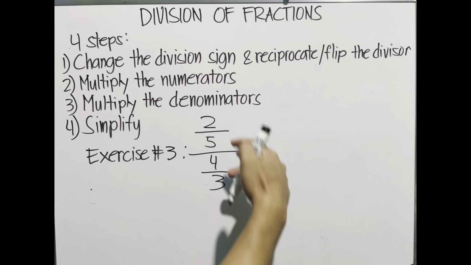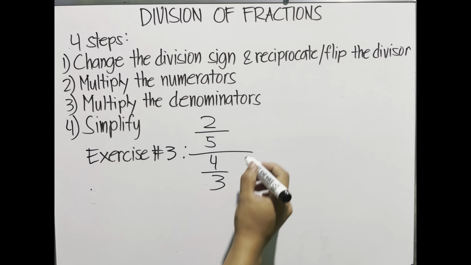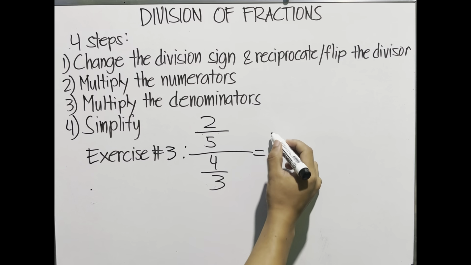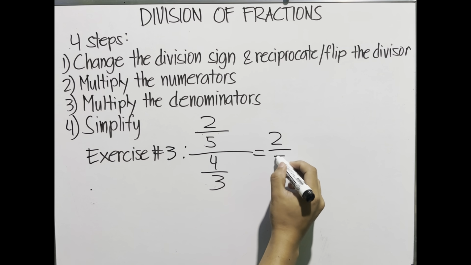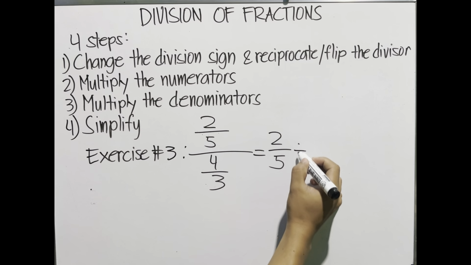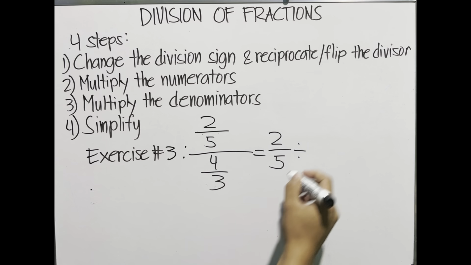So, i-convert lang natin sa normal position or ganito, 2/5. Itong malaking over is divide yan. Divided by 4/3.